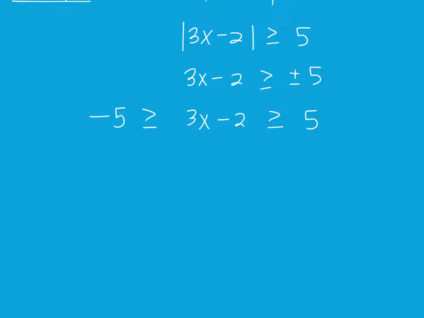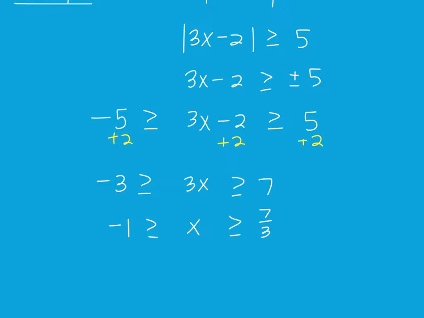Add 2 to everything. In the middle, on the left, and on the right. We end up with negative 3 less than or equal to 3x. Or excuse me, greater than or equal to 3x, greater than or equal to 7. And then you divide by 3. So negative 1 greater than or equal to x greater than or equal to 7/3.